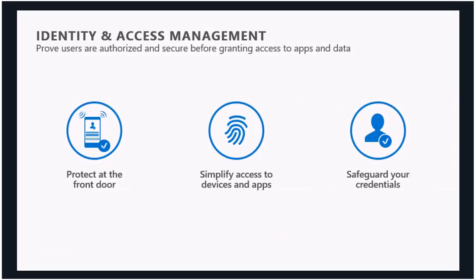No matter where the user logs in from, what device the user logs in from, or what app the user wants to access, whether the app is on premises or in the cloud, irrespective of the mode of access or the app being accessed, we protect at the front door. We protect at that identity point. So when the user tries to access that specific application, that's where we protect.